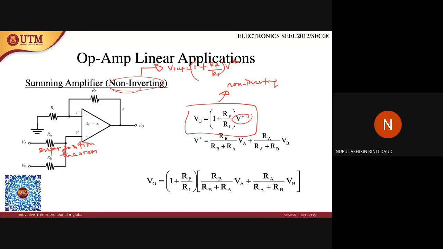So you need to use the superposition theorem to get the value of V plus here. So what is the superposition theorem? It is similar to the Thevenin theorem, where you get the value of V Thevenin and R Thevenin.